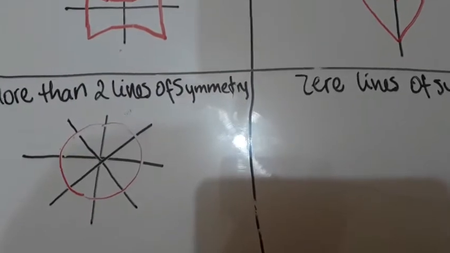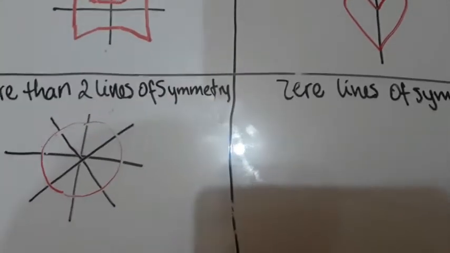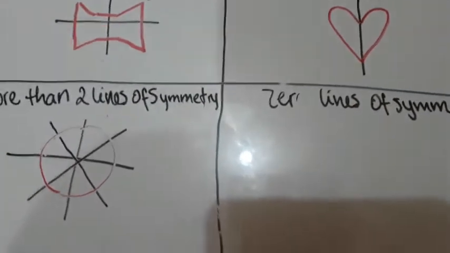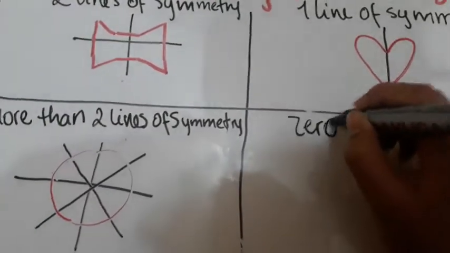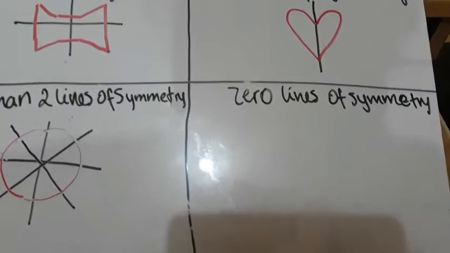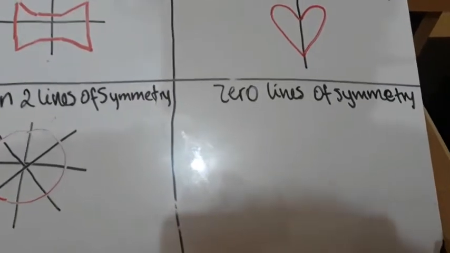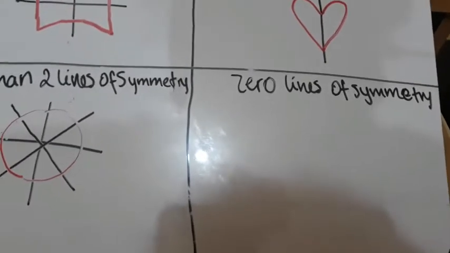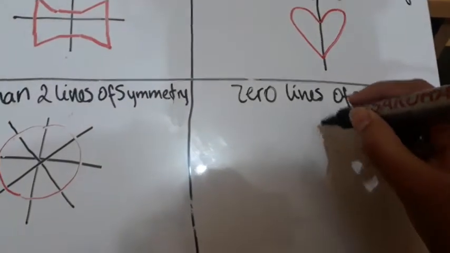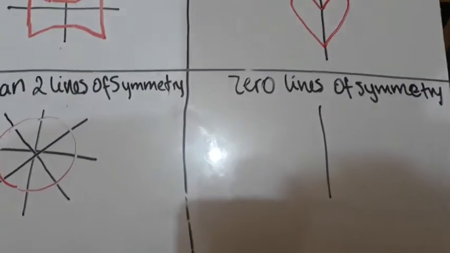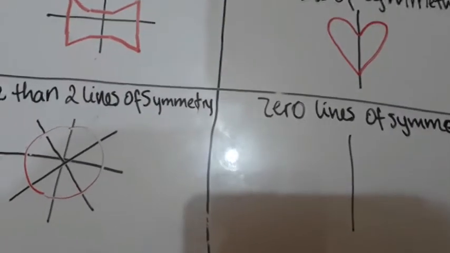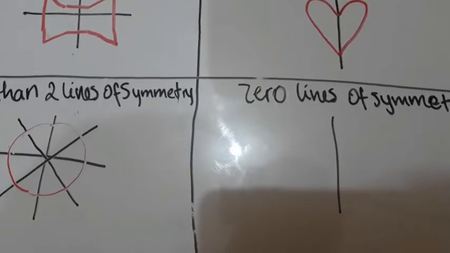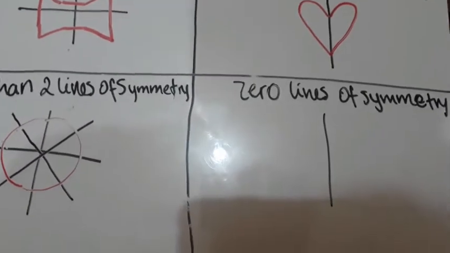Okay, and let's go with the next exercise. 0. Sorry, I wrote it incorrectly. 0 lines of symmetry. So here we're going to have 0 lines. For example, we can draw 1 line, and remember, 0 means we are not going to have symmetry in this case.